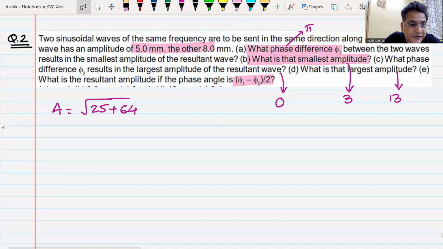Tell me fast. What was the confusion so that I can understand? Sir, first I didn't know how to take that smallest amplitude. I didn't revise that. That is the problem, beta. You have to understand the problem.